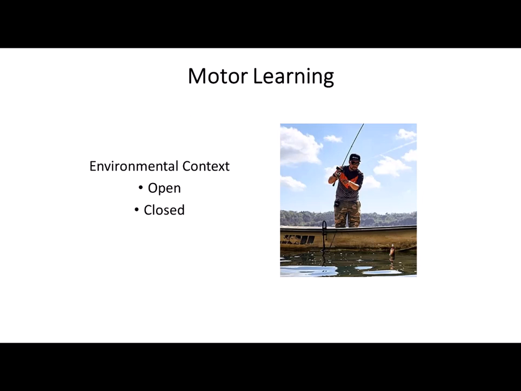You can go into a private treatment room and work with the patient. This is an example of a closed environmental context, or a closed environment. This is not close to a real-world situation where you have flat surfaces, you have mirrors available, there are no distractions. You can work comfortably getting the patient his or her functional skills back.